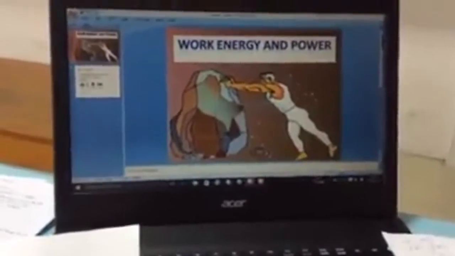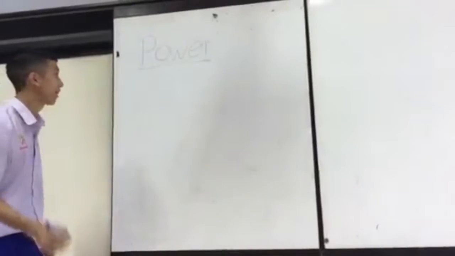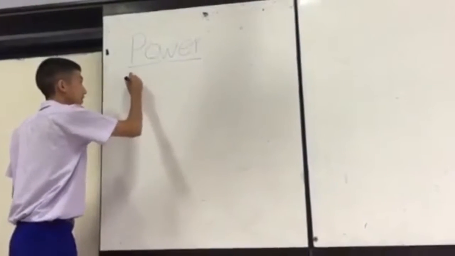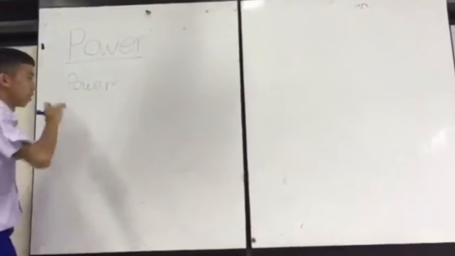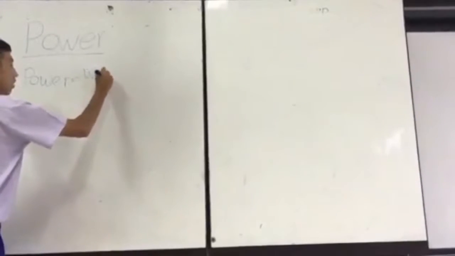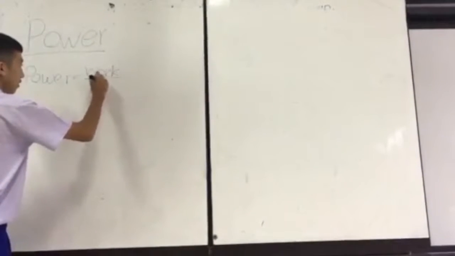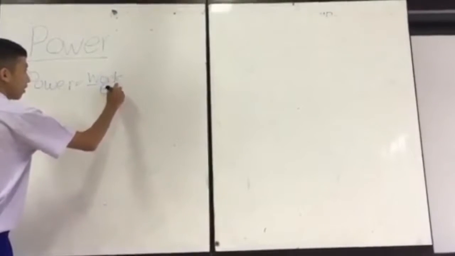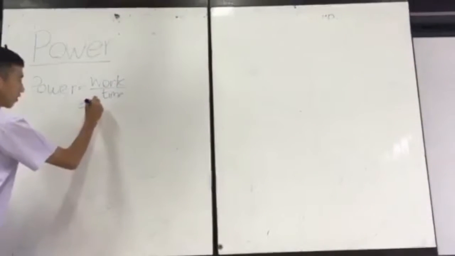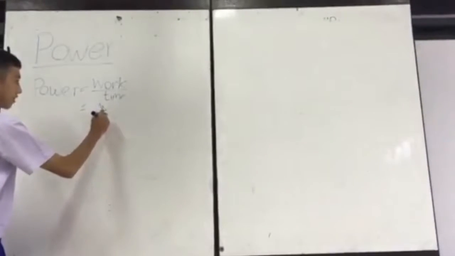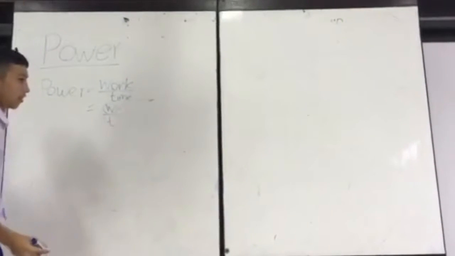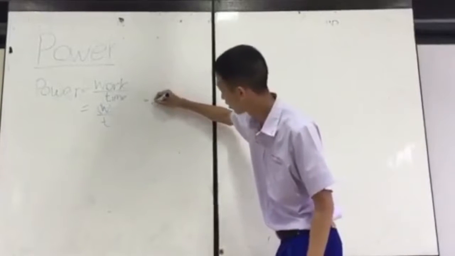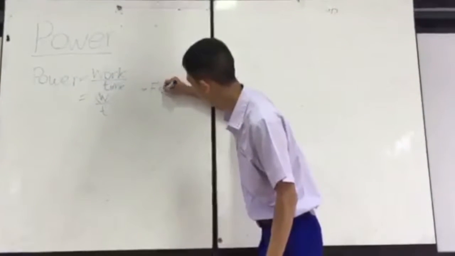Thank you for watching. Okay, so power is the rate of doing work. The formula for power is power equals work over time, which is W over T. And then work is equal to Fs.